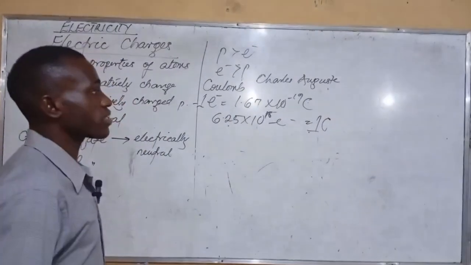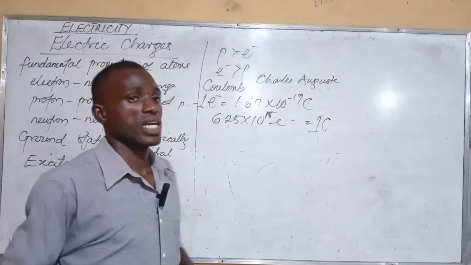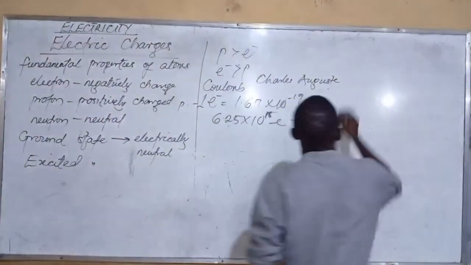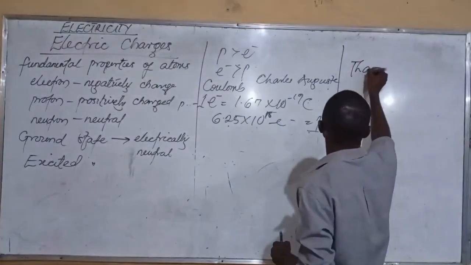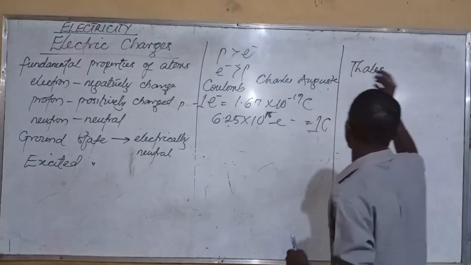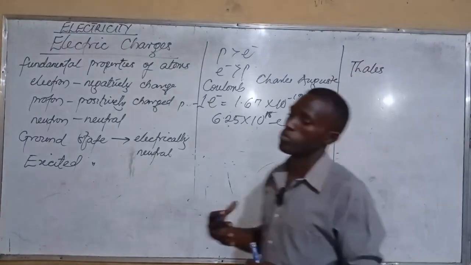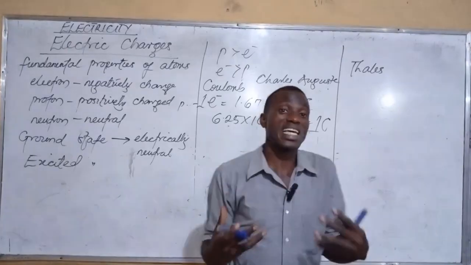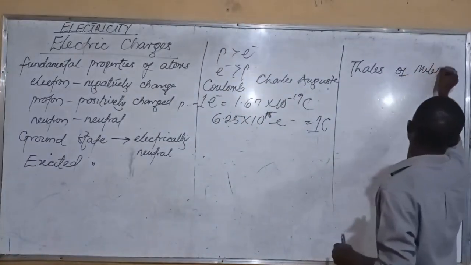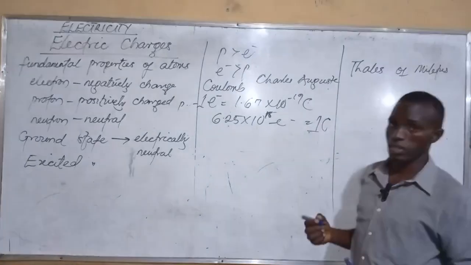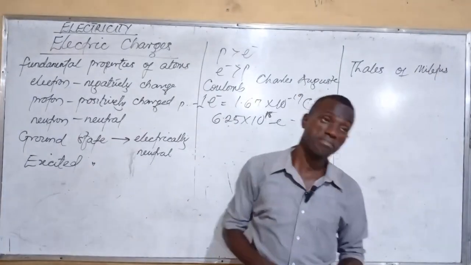Now, one of the things that was discovered, according to history, was first publicly showcased by Thales of Miletus in ancient Asia.